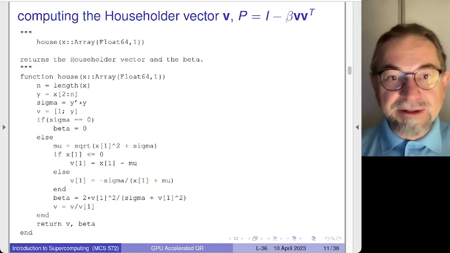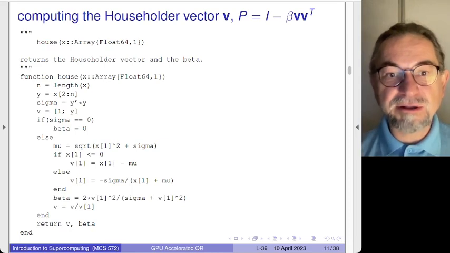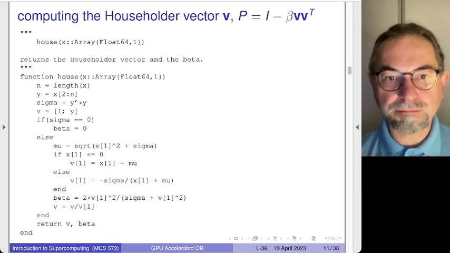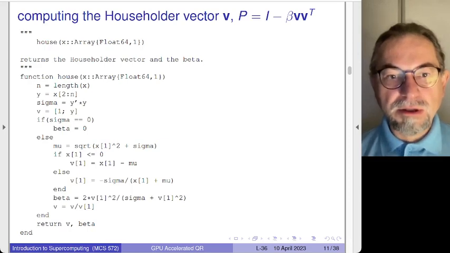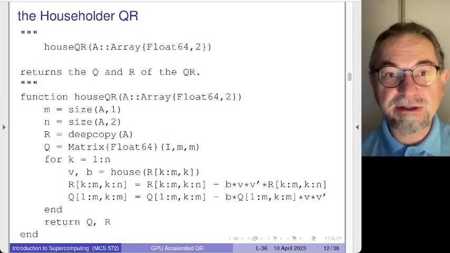And then we define the beta via the norm, the first norm of x1, and the norm of everything, the sigma, which is actually the norm of everything below. Okay, that's actually the hardest part.